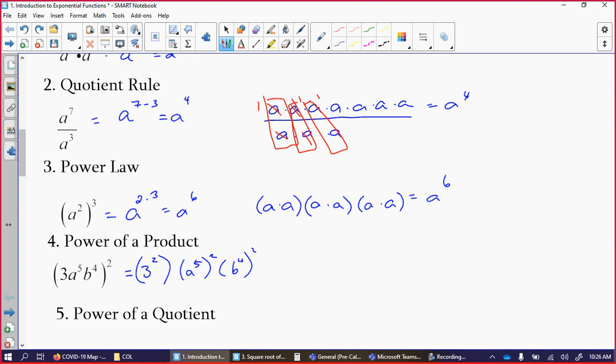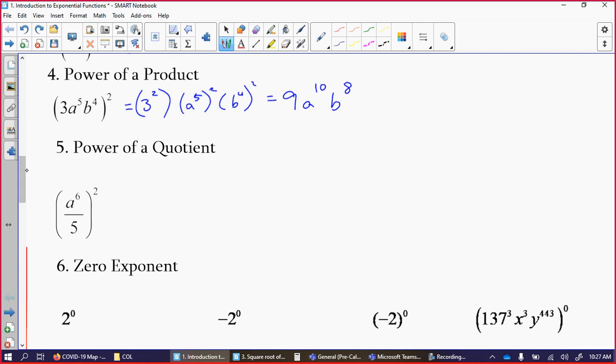Because it's all multiplication, so you can manipulate it kind of how you want. Well, 3 squared is 9. A to the 5th squared is a to the 10th. B to the 4th squared is b to the 8th. We're applying that exponent to each one.